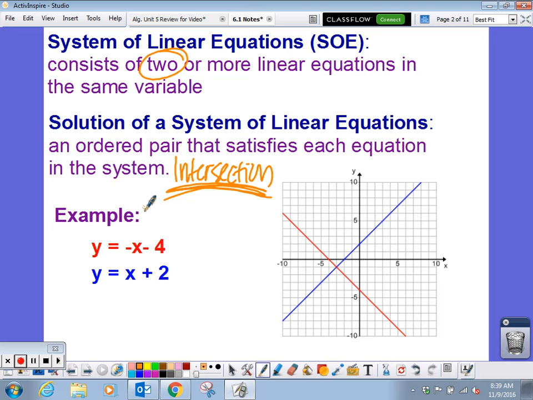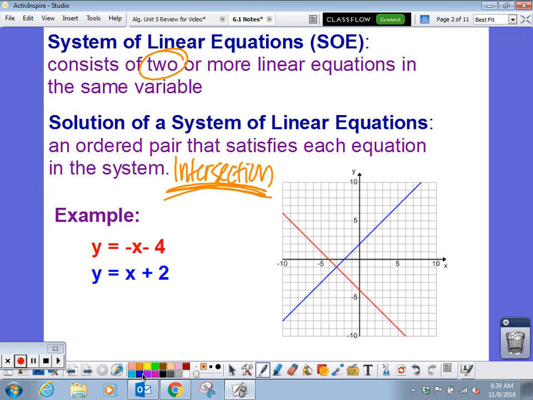You are looking for an intersection. When it says an ordered pair that satisfies each equation in the system, if you find where those two lines intersect, then that point would satisfy both equations. It would work if you plugged the x and the y in, it would work for both equations.